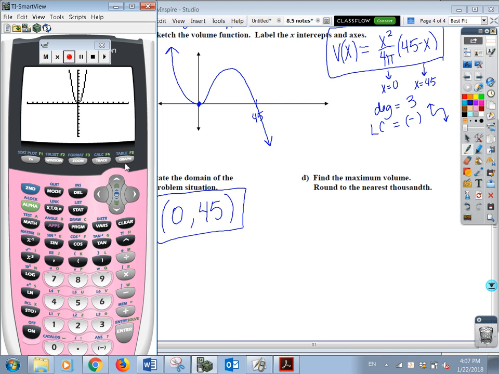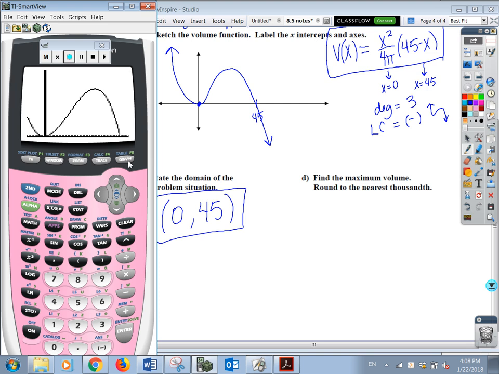But notice we already made a sketch of it. So we know we need to go all the way over to 45, so I'm going to change my x max to 50, and we know we're probably going to have to go pretty high, so I'm going to make that 1500. Not 1000. See what happens.